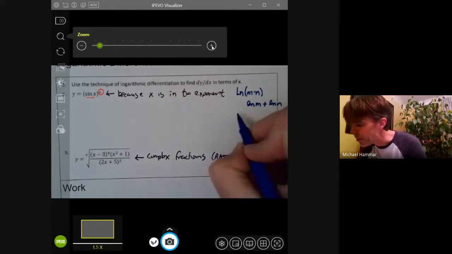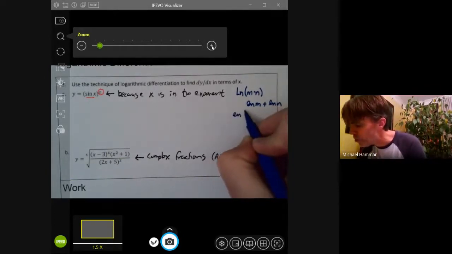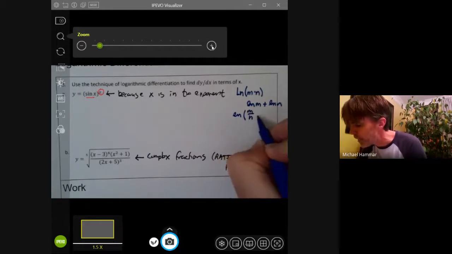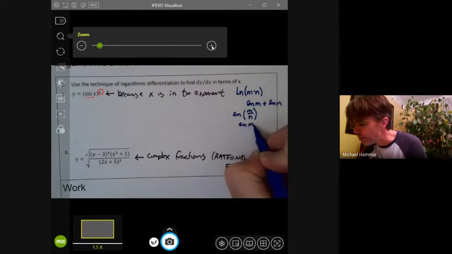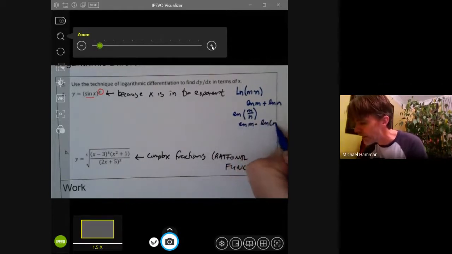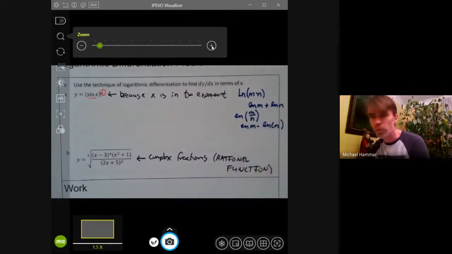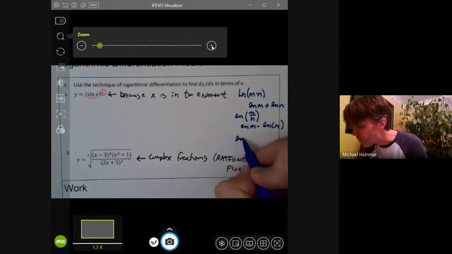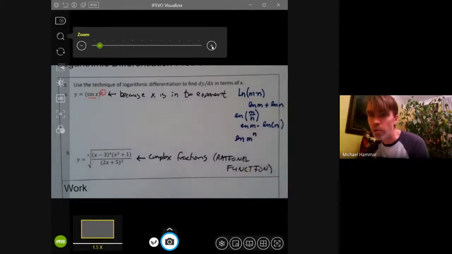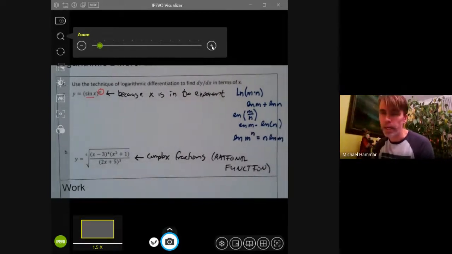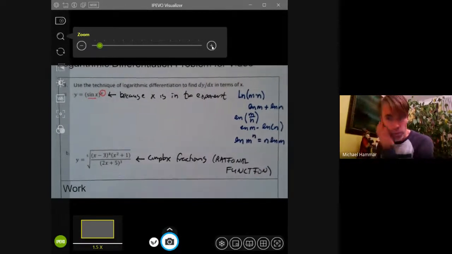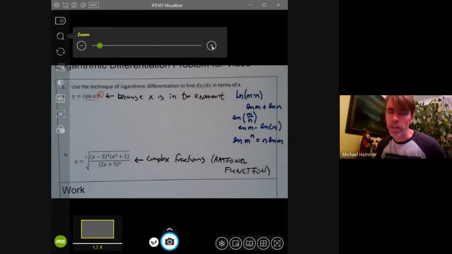The other rule is, if you have two functions being divided, this is now the natural log of m minus the natural log of n. Another important one is if you have the natural log of some function to the n power, this allows us to take the n out front and multiply it. These are the big three that we're going to be using in these problems.